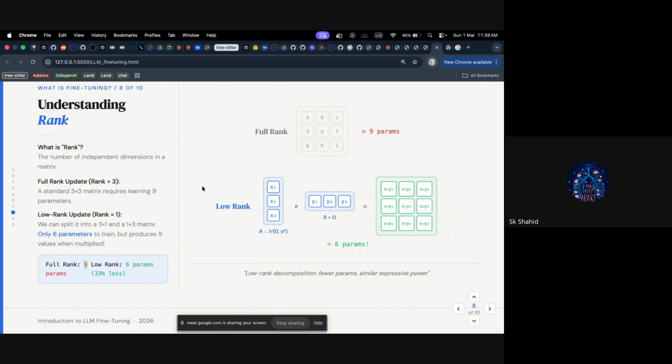Instead of training 9 parameters with a full rank, I can decompose my matrix into a lower rank, factorize it into these two, and then I get only 6 parameters. So I need to train x1, x2, x3, y1, y2, y3. So this is the idea of a rank. Rank is a matrix factorization method where you break your bigger matrix into two smaller sub-matrices.